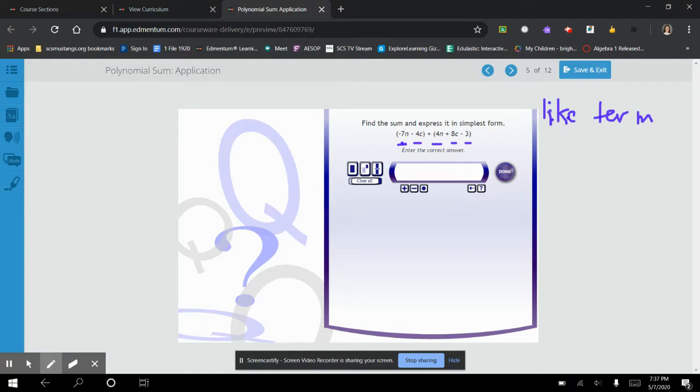So if I look right here, I've got negative 7n. If I'm looking for a like term with that variable, I would have to find another term that has an n with it. So there we go, there's 4n. Those two are considered like terms.